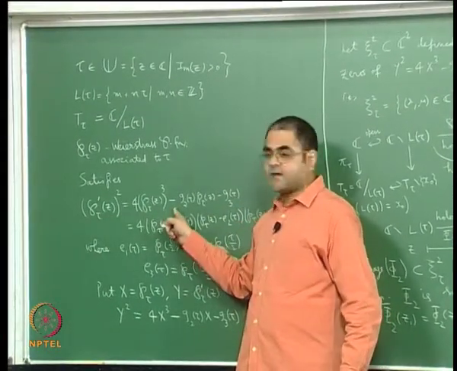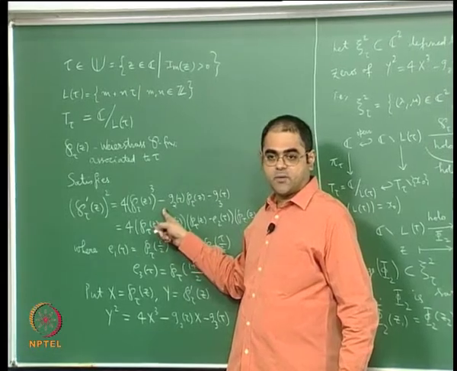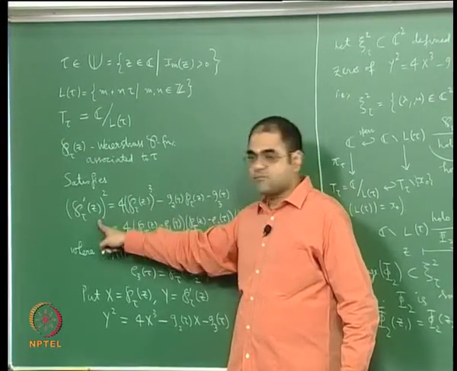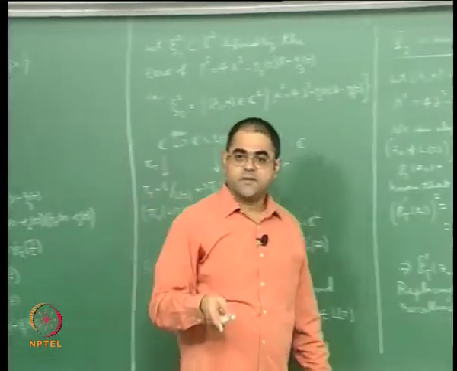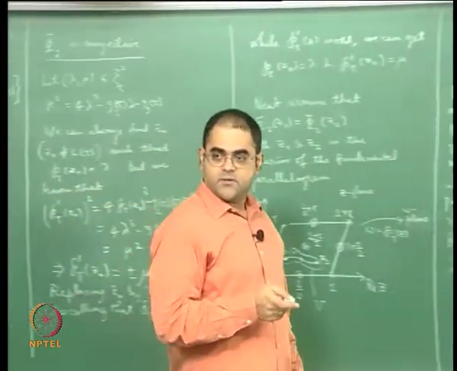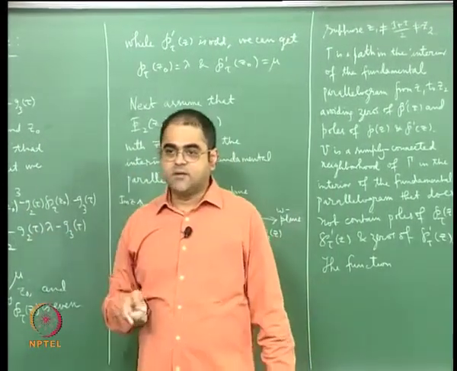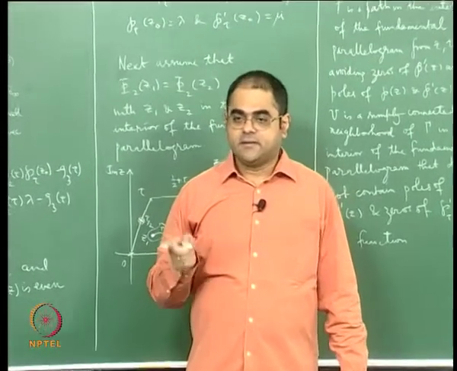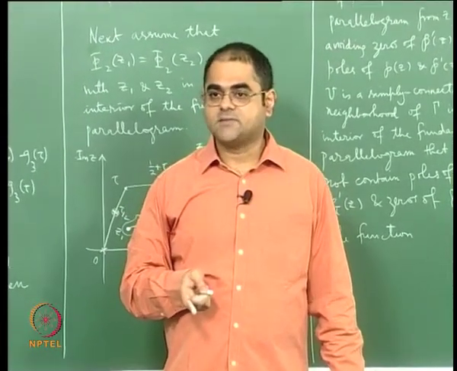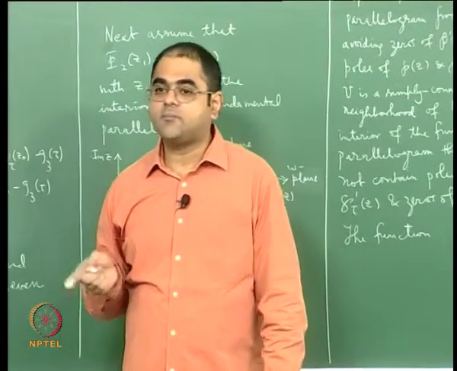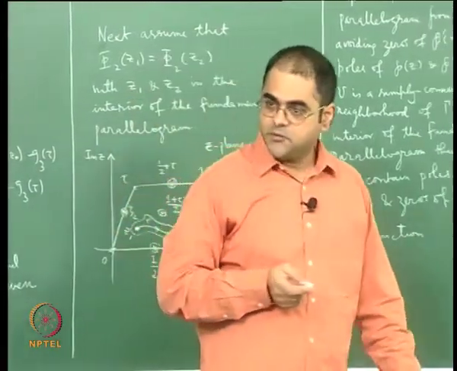So you have an analytic function on a simply connected set which does not vanish, then it has a square root. So this analytic function will have a square root, and you can find an analytic branch of the square root that is equal to phi prime tau of Z on U, okay.